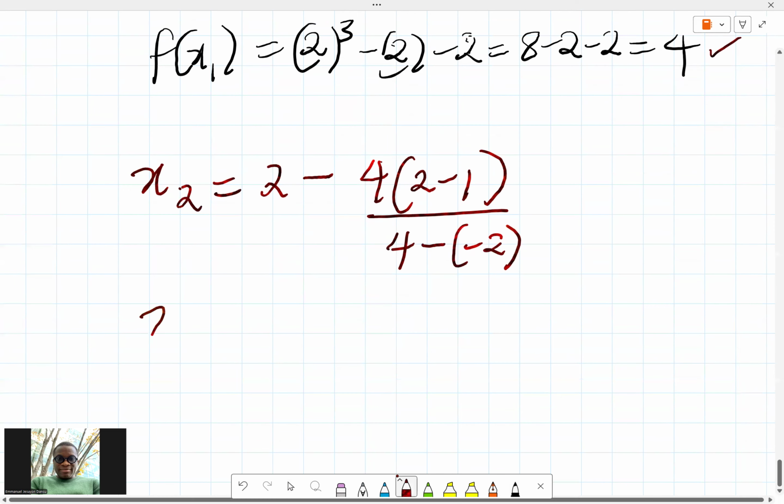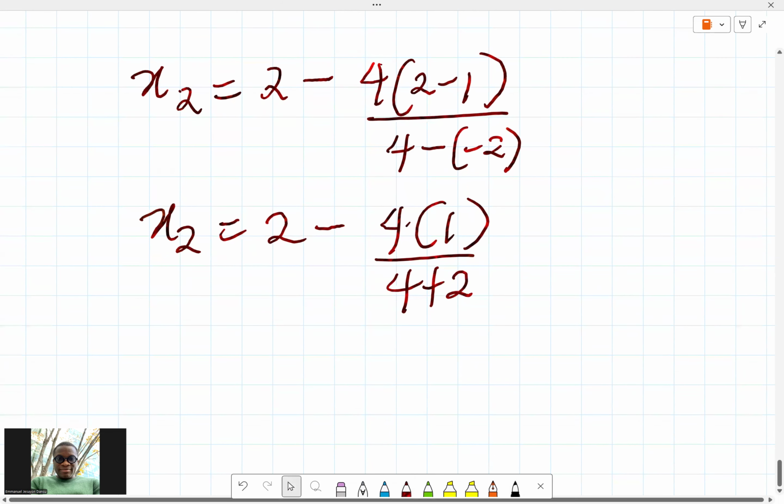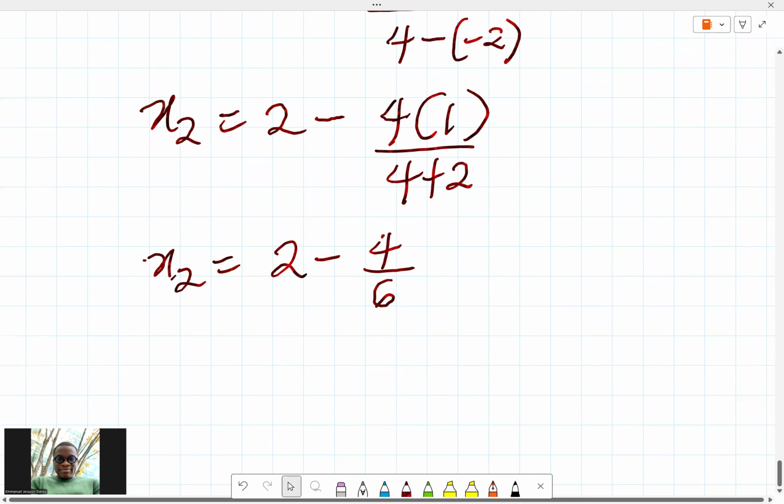So x2 is equal to 2 minus 4 times 1, over 4 plus 2. Minus and minus is plus rather. So x2 is equal to 2 minus 4 divided by 6.